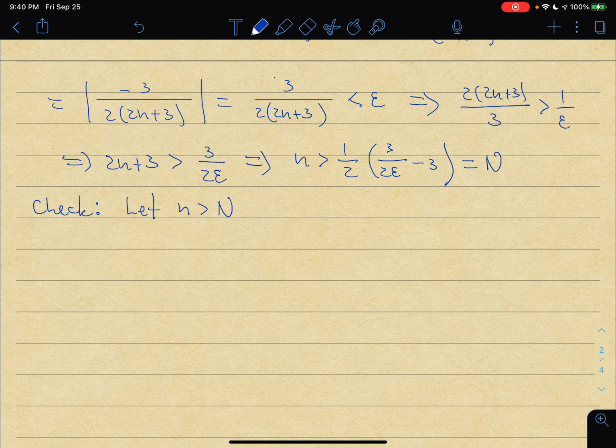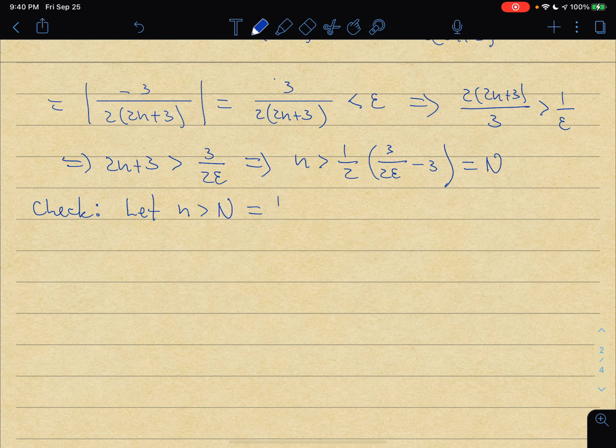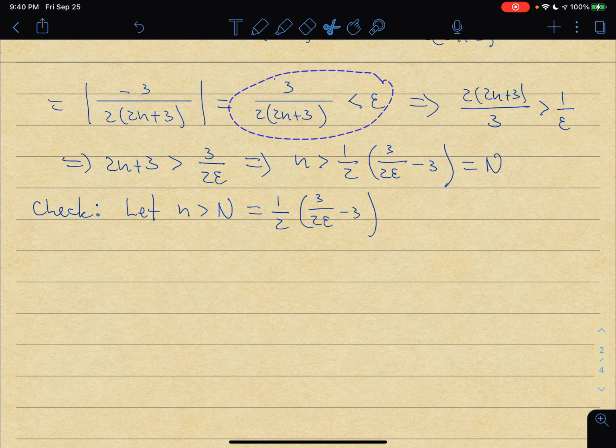So if n is bigger than capital N, which is 1/2 times (3 over 2 epsilon minus 3), that's how we defined capital N, then I can manipulate this expression to become like this, and manipulate it to become like that, and then this will imply that this is true.